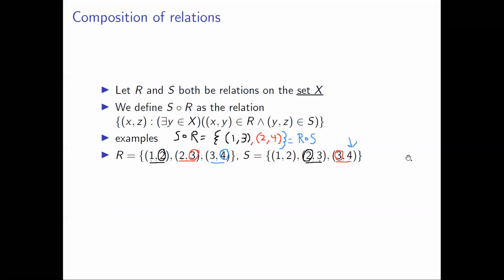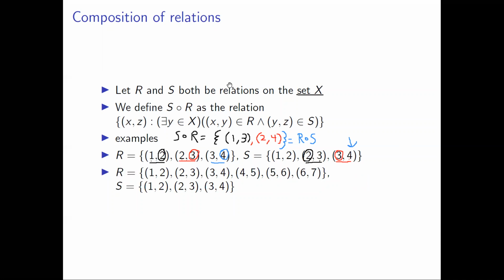Let's look at another example. Here is a longer R. So first we'll do S composed with R. So to find the terms of this relation, we take each ordered pair in R and we look at its second term and we see if we can match that second term with the first term from S. And we see right here we can.